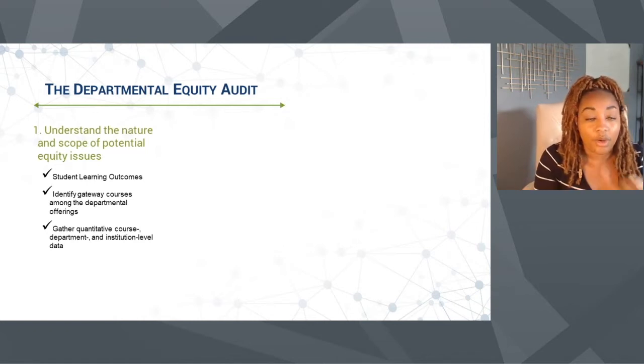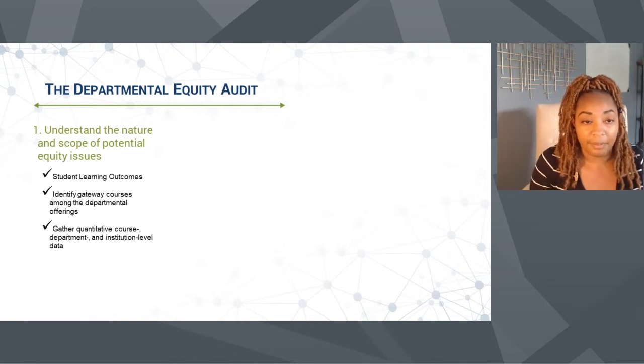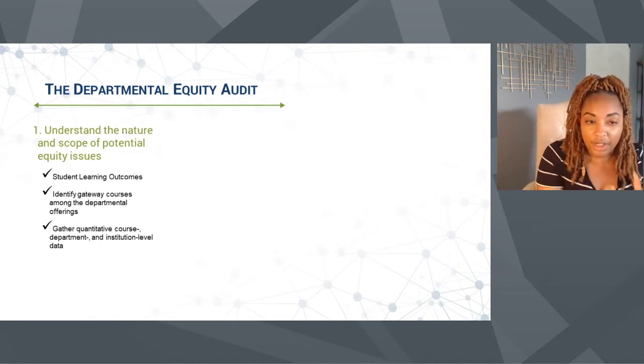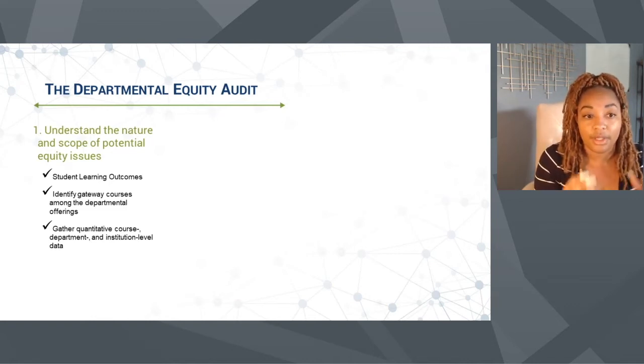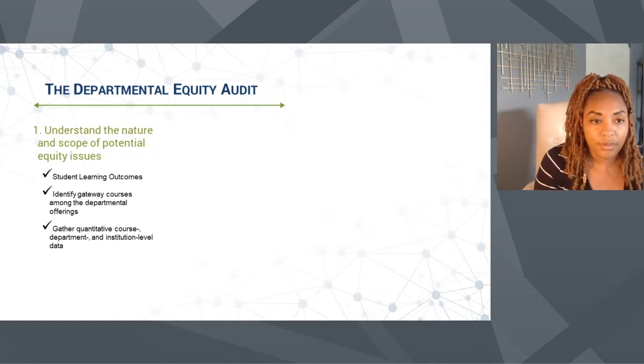When students don't do well in these courses, they are far less likely to ever attain a degree. So, these are the courses that you want to pay the most attention to because research has shown that student performance in these courses is most critical.